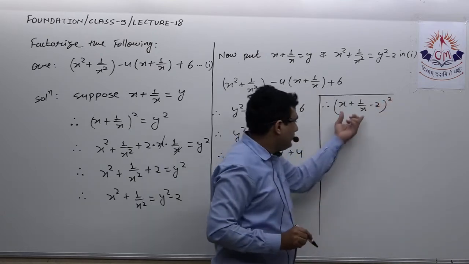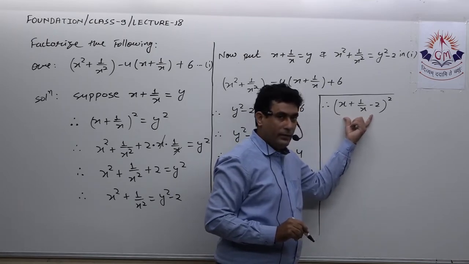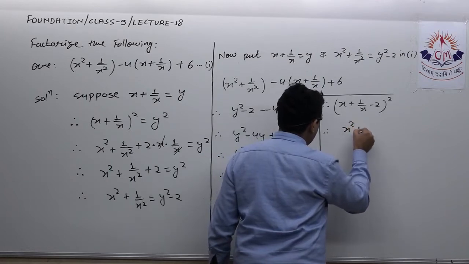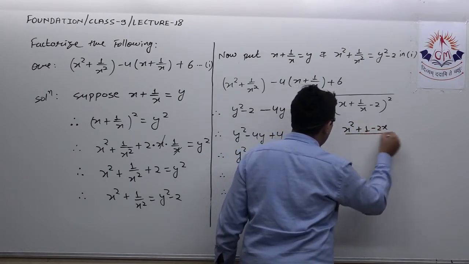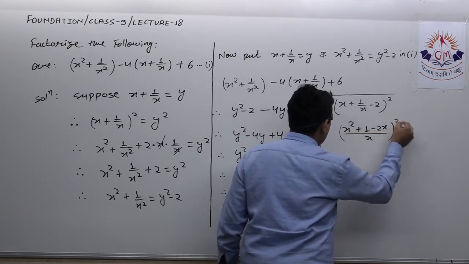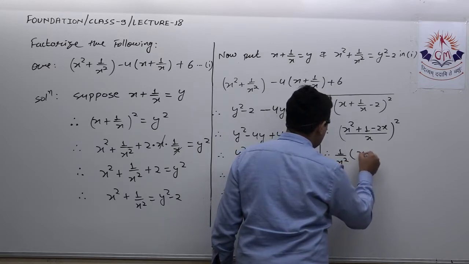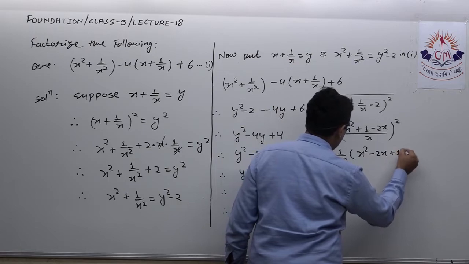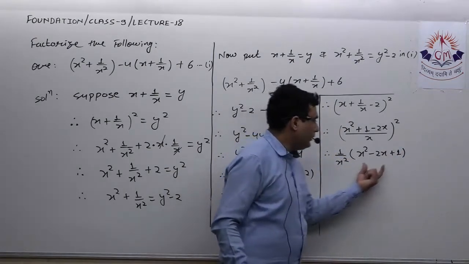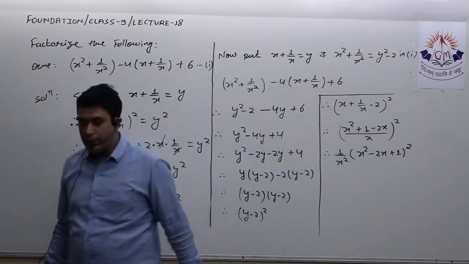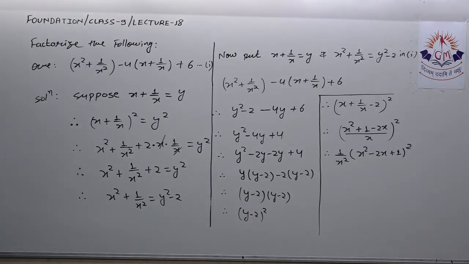Now I have to check whether it is possible to factorize this term or not, because if I take LCM here I get x square plus 1 minus 2x upon x whole square. So I can write 1 upon x square, and over here x square minus 2x plus 1. Now I have to think, is it possible to factorize this further or not? Think for a while how you will factorize it further, or whether it is possible to factorize that expression or not. Then I will give you the remaining solution.